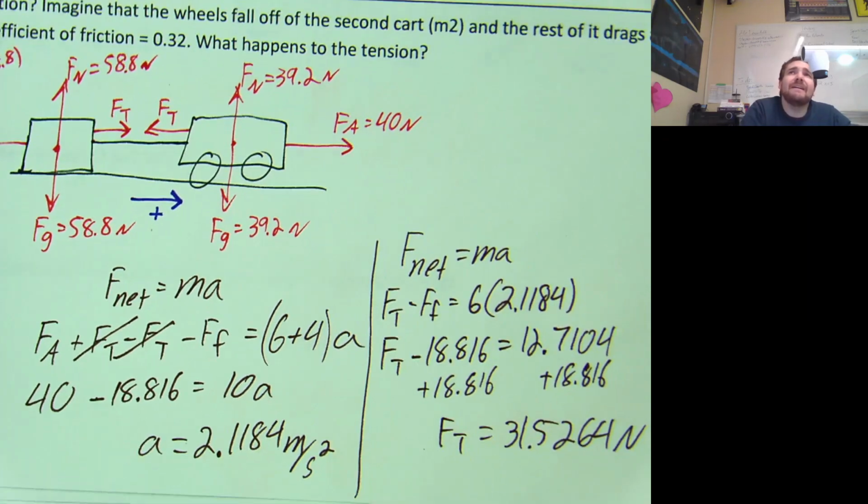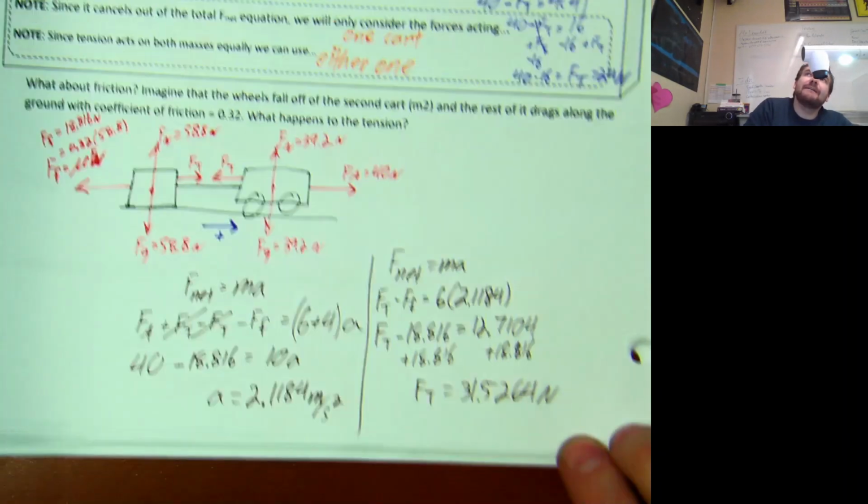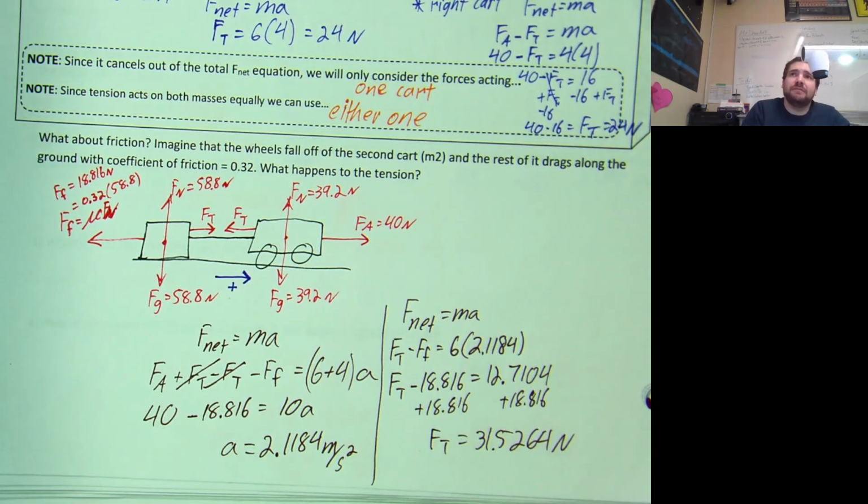So was he right? What happened to the value for tension? It increased. So your intuition was correct, which is good. Isn't it nice when intuition and math agree? Not like everything else that we did earlier when the intuition and math totally disagreed.